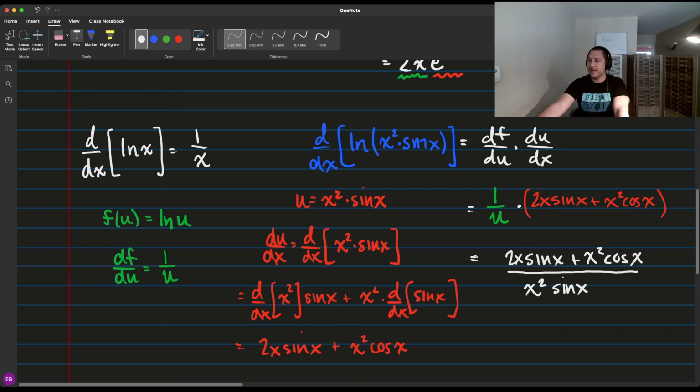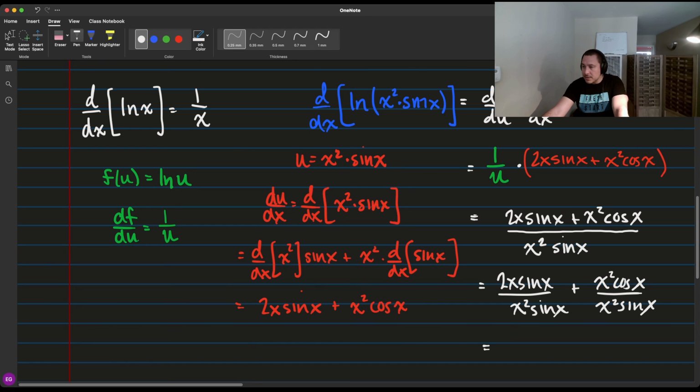I guess you could simplify this a little. You would get 2x sine x all over x squared sine x, and then x squared cosine x over x squared sine x. You don't have to, but let's just see if it simplifies anything nice.